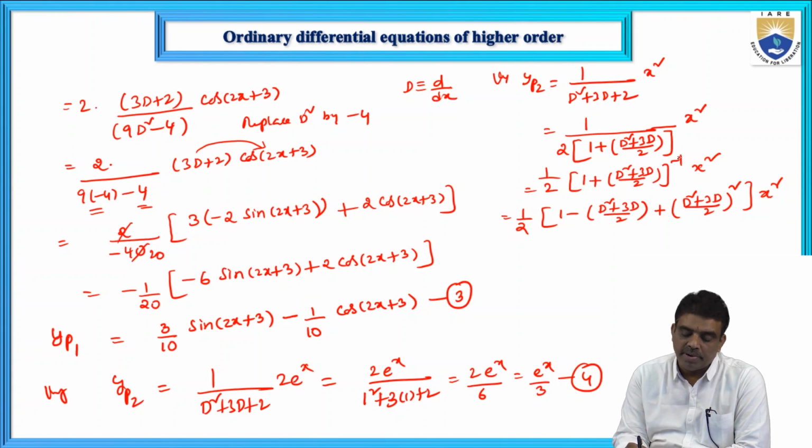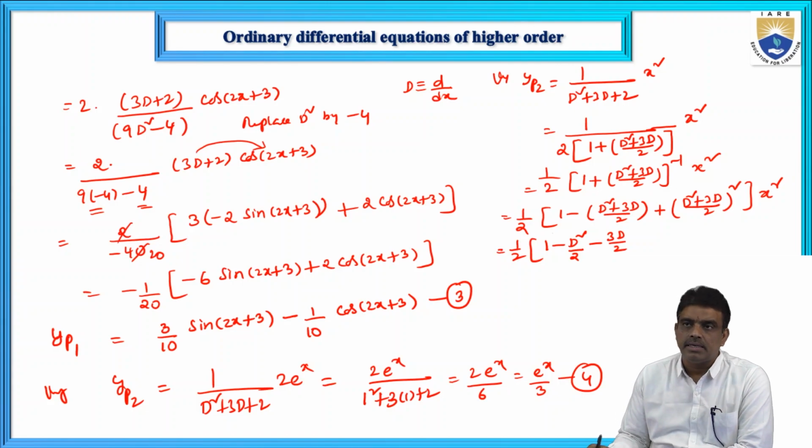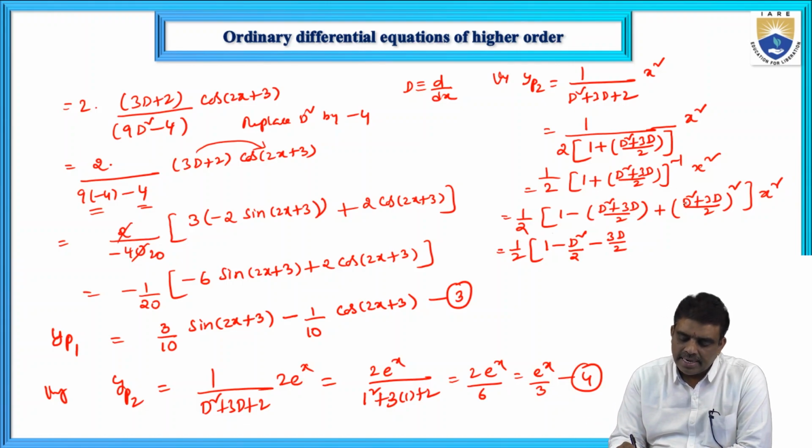The expansion of 1 plus x whole power minus 1 is 1 minus x plus x square minus x cube, and so on. So now 1 by 2, this is 1 minus D square by 2 minus 3D by 2. Here we have to consider the terms up to D power k only, where k is equal to 2. Here D power 4 by 4, that we should not consider, plus 9D square by 4, that I have to consider. Another 2ab, that is the D cube term, that also we have to neglect, of x square.